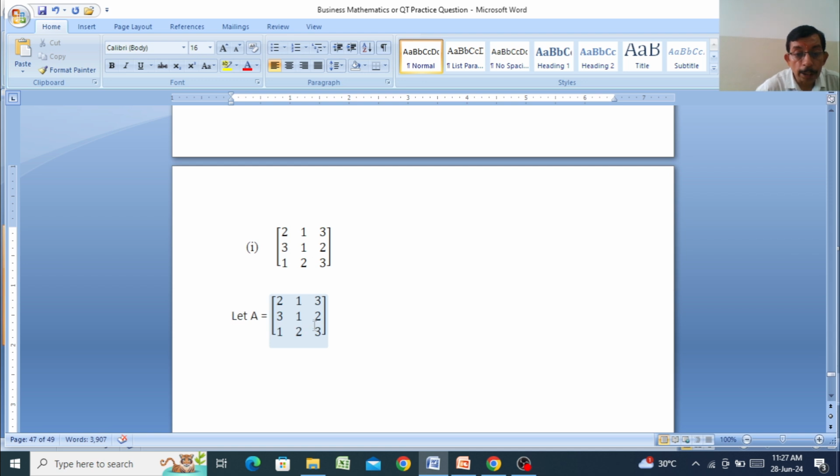How many elements are there? There are 9 elements, so there are 9 cofactors of this matrix. In the first row, the cofactors are C11, C12, C13. In the second row, C21, C22, C23. And in the third row, C31, C32, C33. It is clear? Now we find each cofactor one by one.